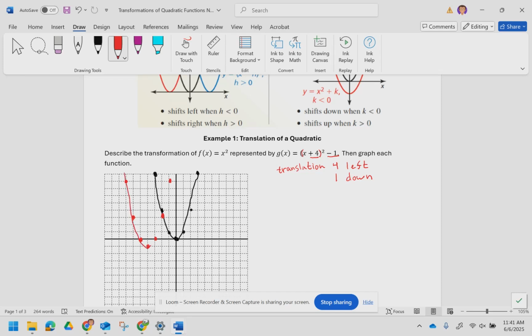So you'll notice it's pretty much the same graph. We just took each of our points and moved them 4 to the left and 1 down. We could go ahead and use a calculator and type in the values. So saying, well, what if x is a -3? Where would that be? And we'll find that these are the values that we would get.